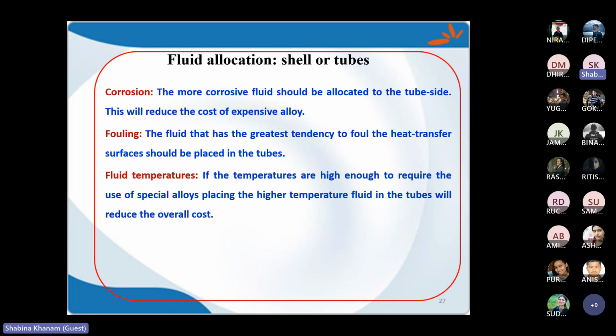There is another very interesting point: high temperature will give expansion in the material, and accommodation of expansion on the tube side is easy in comparison to the shell side.